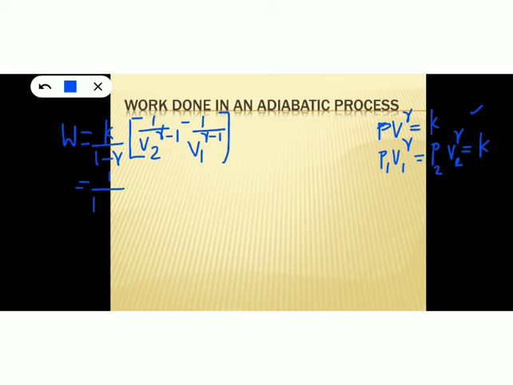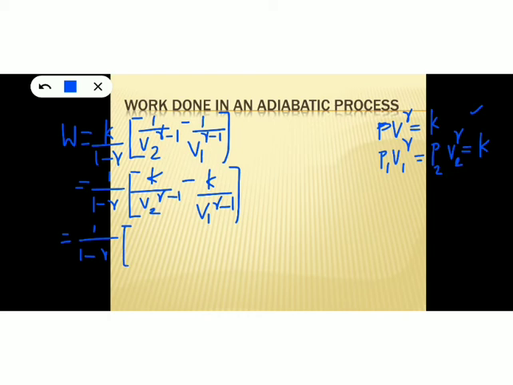So you will get 1 by 1 minus gamma into, multiply each term inside the bracket with K. So K by V2 raised to gamma minus 1 minus K by V1 raised to gamma minus 1 equal to 1 by 1 minus gamma into K.